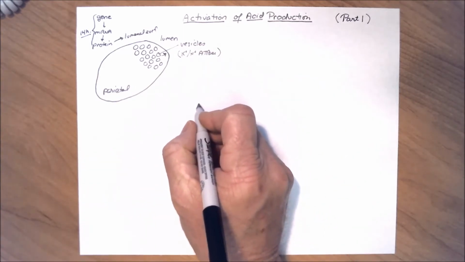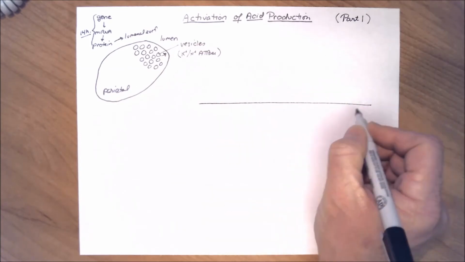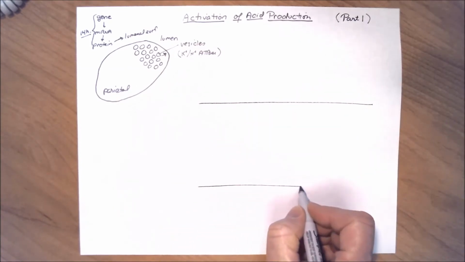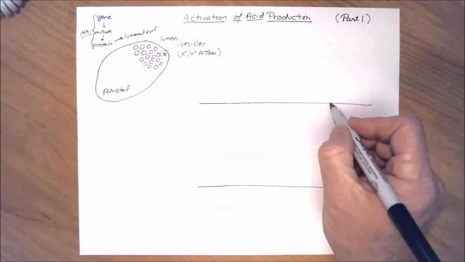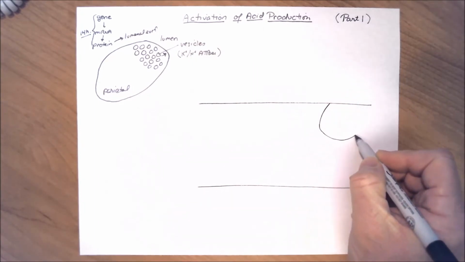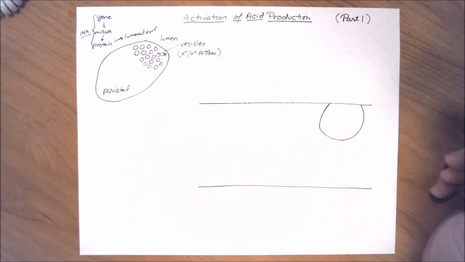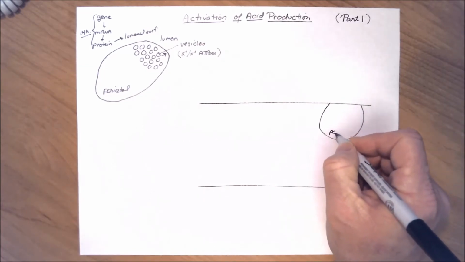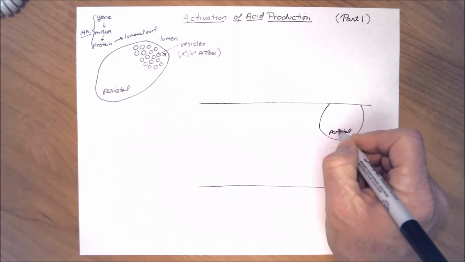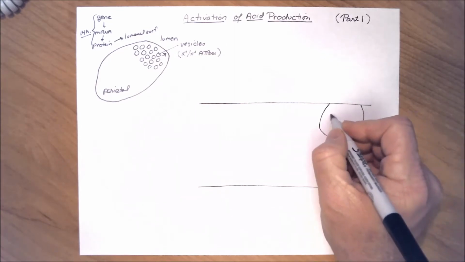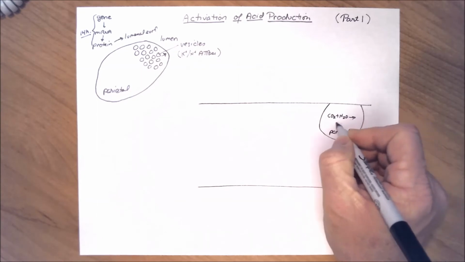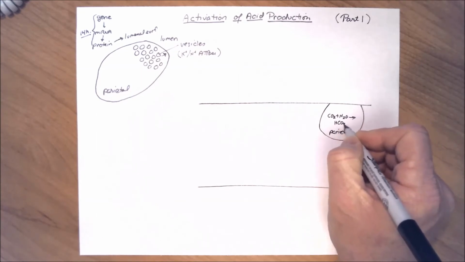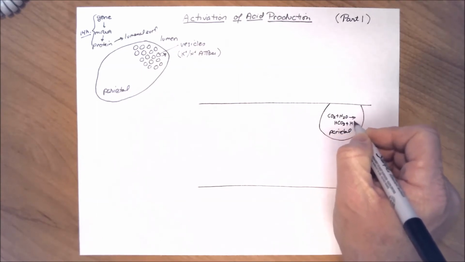If we consider a large section of tissue in the stomach, let's say that here is our parietal cell, and this parietal cell is generating our acid.